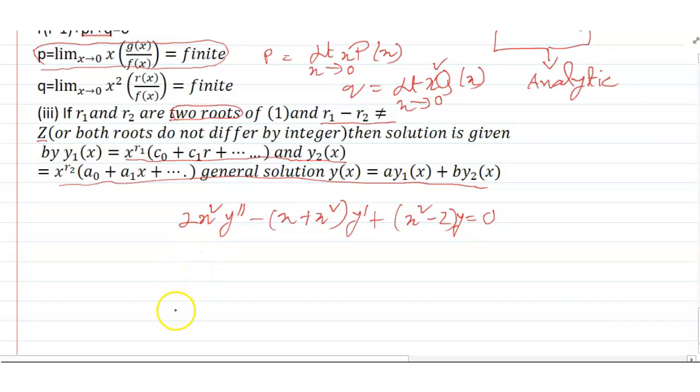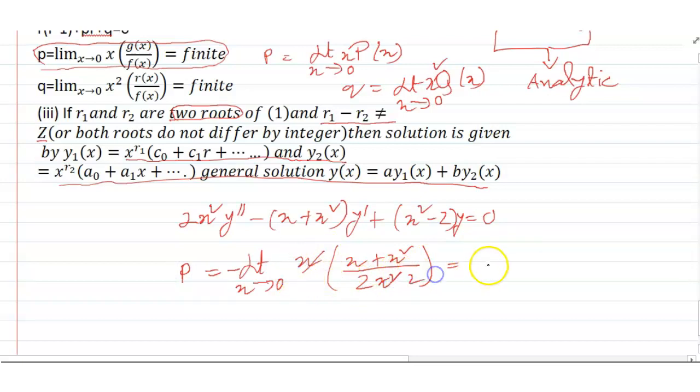Whatever you see, I have to find p, which is the limit x tends to 0 of x into minus x plus x square divided by 2x square. So p is equal to this value, which is minus half.